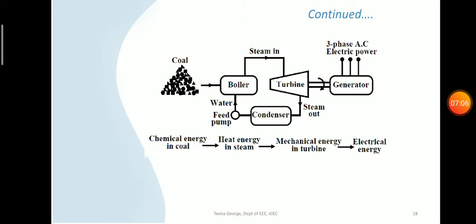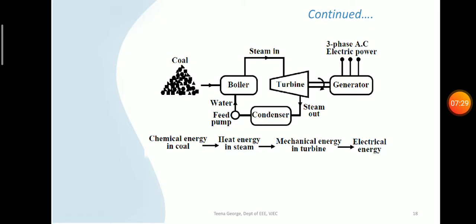This steam is given to the steam turbine. This steam turbine is coupled to the generator which produces electrical energy. There is a condenser which converts the steam to water and which can be again fed back to the boiler. This is the general diagram of a thermal power plant.